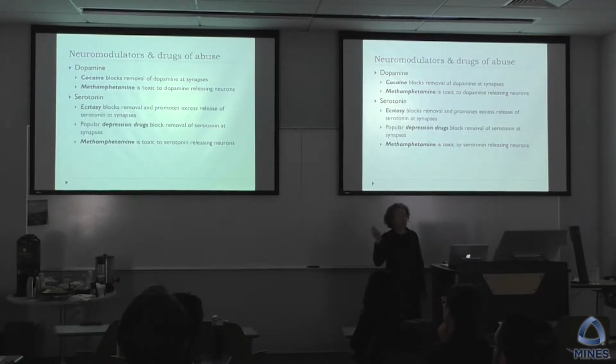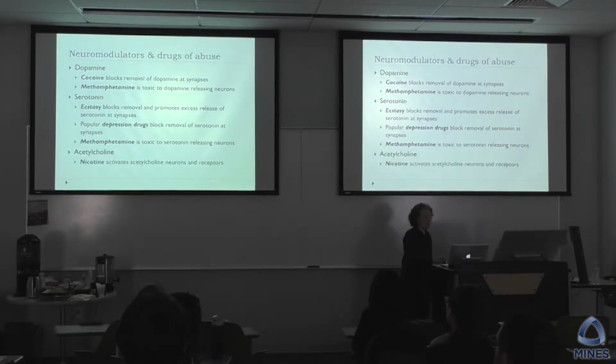Serotonin signaling in your brain is modulated by ecstasy, and many of the most popular depression drugs modulate serotonin signals in the brain. And then for acetylcholine, nicotine acts basically just like acetylcholine on your neurons.